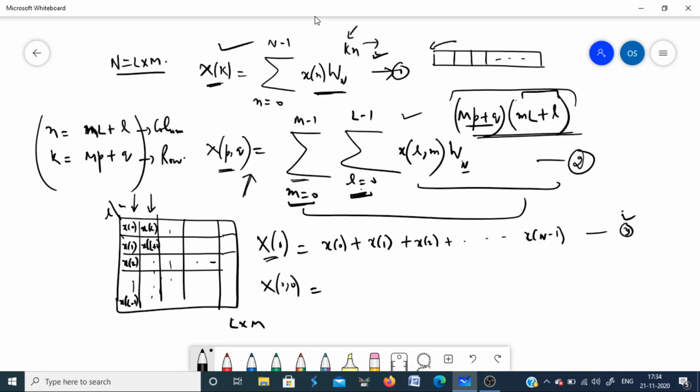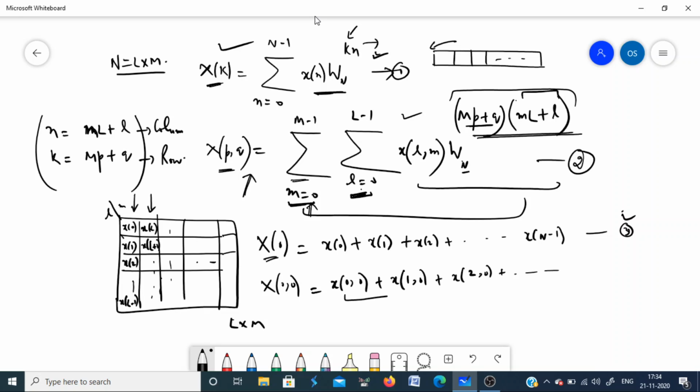Okay, it means what you will get: if I keep m fixed at 0 and vary l, I will get first x of 0,0, then x of 1,0, x of 2,0, and so on.